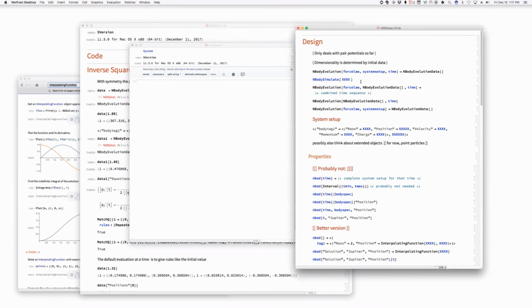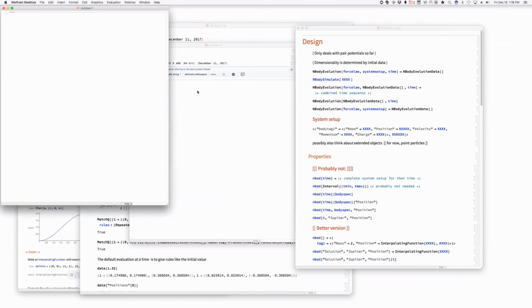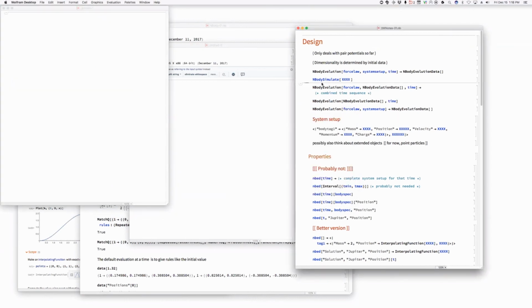Listen, the next one of these meetings, we need the folks from the system modeler team in here. Oh, that's funny. The person on the live stream is pointing out that n-body simulate has an N, just like n-integrate has an N. That is funny.